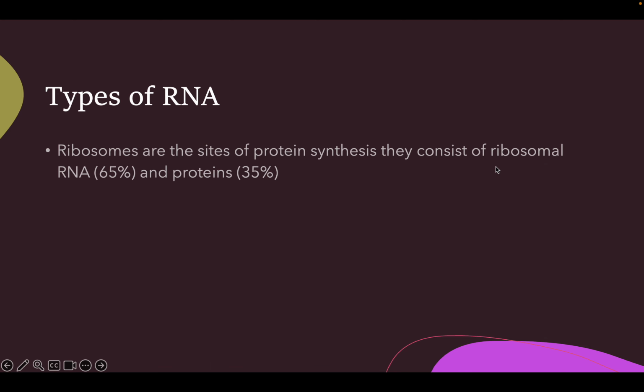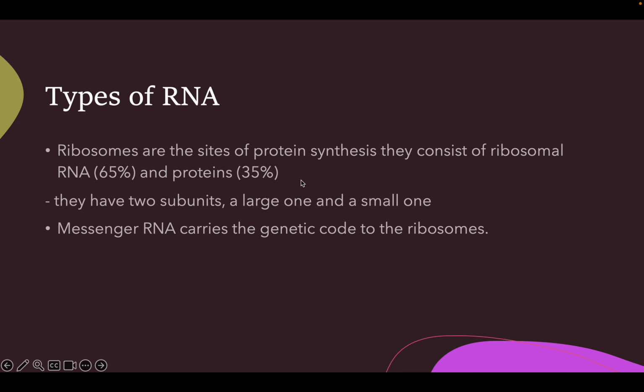This ribosome consists of many ribosomal RNAs and proteins. They have two subunits, the large one and the small one. So the ribosomal RNA is involved in translation, right? It plays a role in the translation and in the ribosomes.